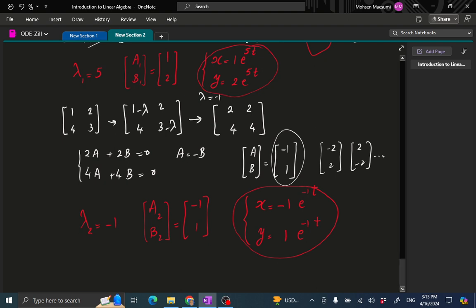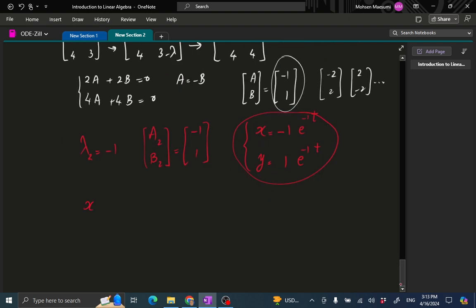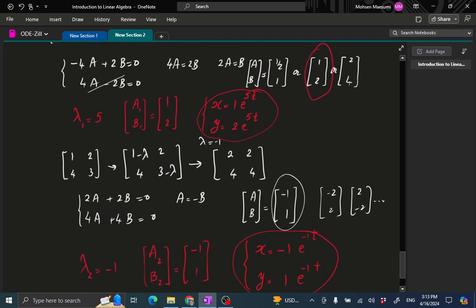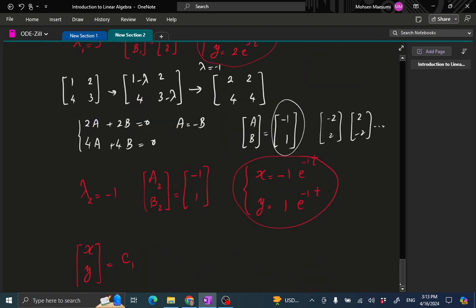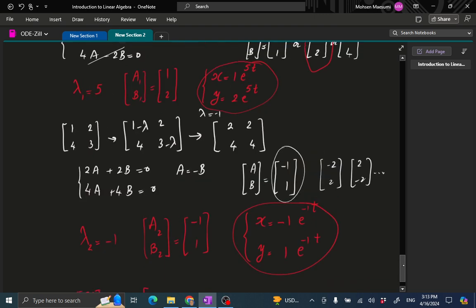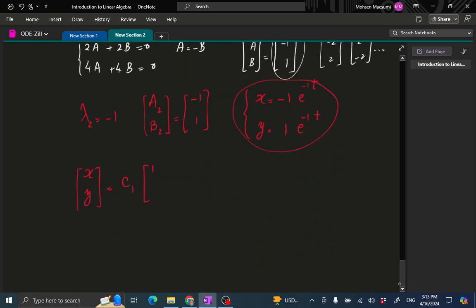So I can write my solution like this: x and y, any multiple of the first one. So c1 times, what was it, 1, 2, exponential of 5t, and then c2 times -1, 1, exponential of -t.